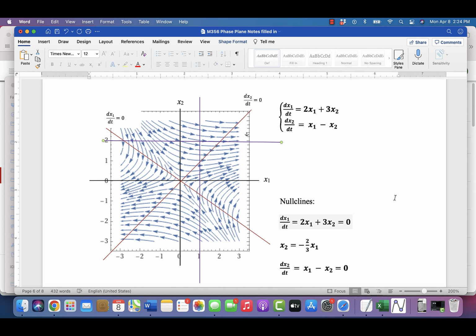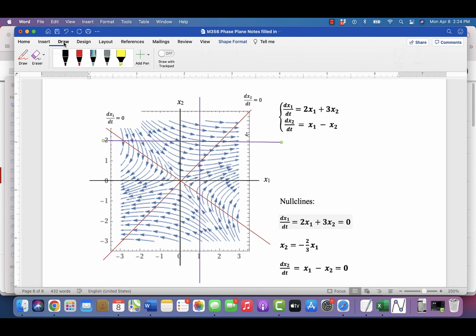I'd like to darken in this curve so that we can focus in on that particular one, and honestly I could do it using the draw menu in Word, but I think it's really hard to draw with a trackpad, so I'm going to switch over to my tablet. Here's another instance where paper rules.